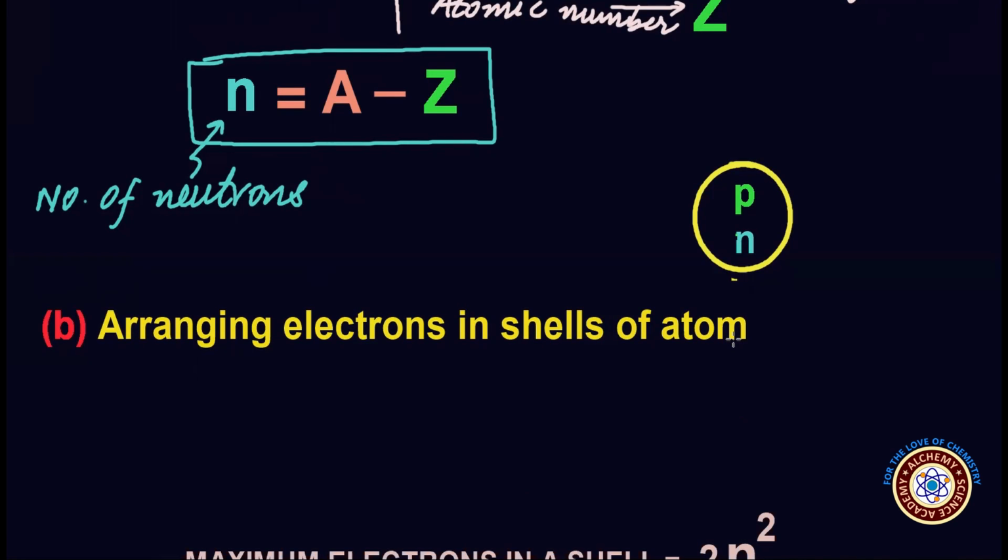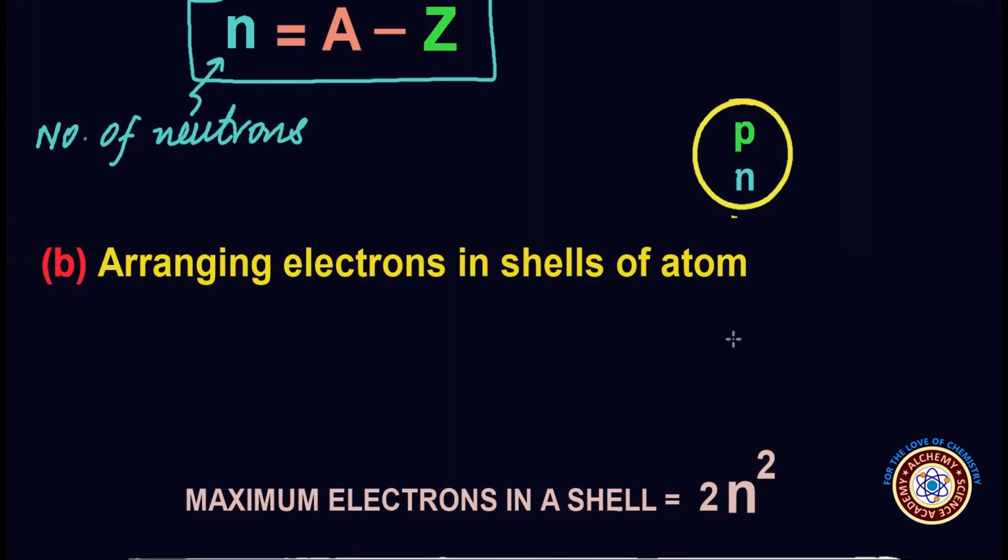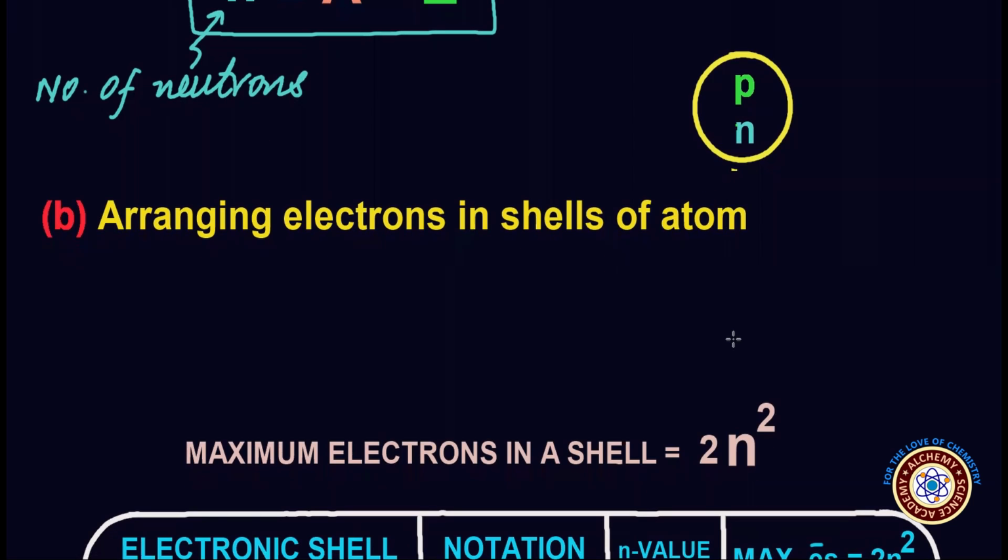Each energy shell can accommodate a certain maximum number of electrons, and no electron can exist in the region between the shells.